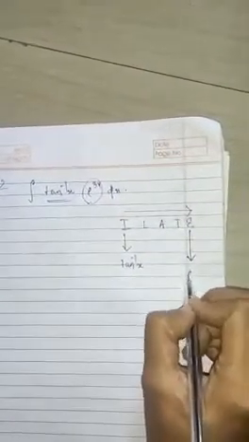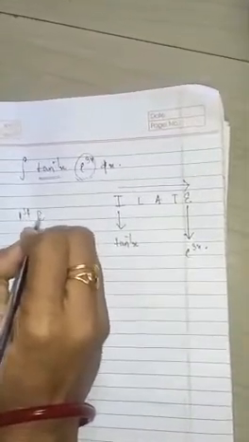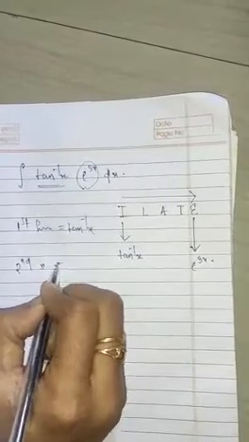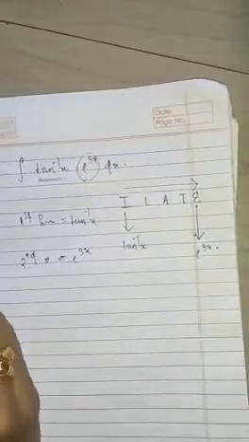E to the power 3x comes under the letter E as it is an exponential function. As in ILATE, I comes first, the first function is tan inverse x and the second function is e to the power 3x. I think it is clear for all of you. Now let's do the problems.